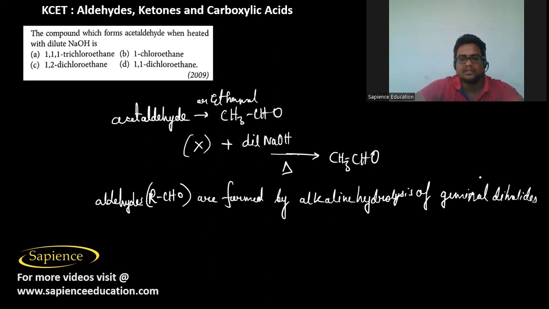It means that on the same carbon two halogens should be attached, then they are called geminal dihalides. And this carbon should be the terminal carbon also, it means it should be at the end of the carbon chain.